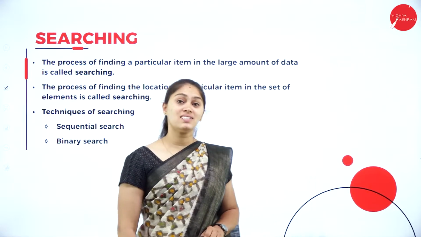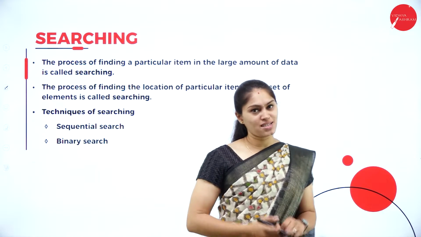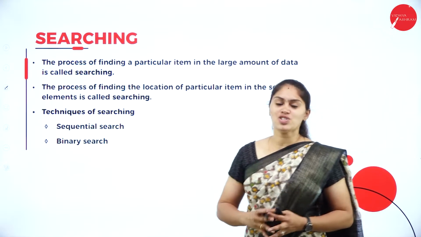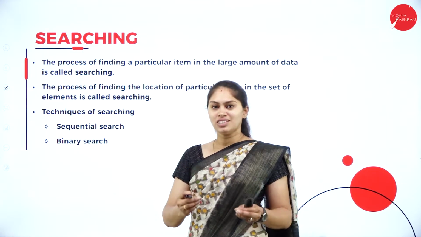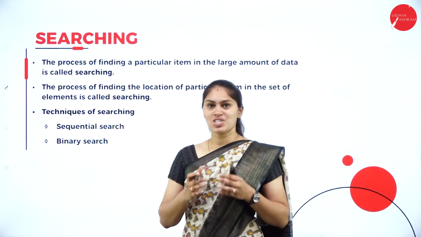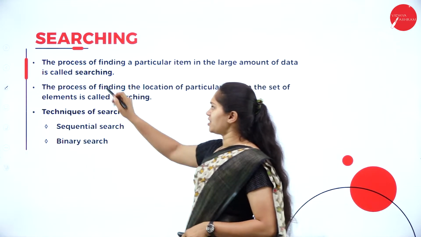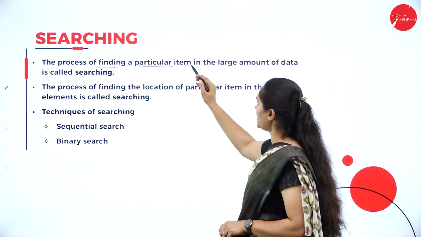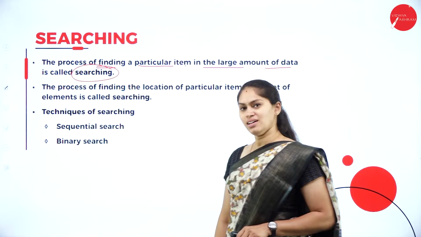First, you need to understand the definition of searching, what we are searching for here. Searching is a process of finding the location of an element. If I have a large number of data elements, amongst that I want to find only one element. I want to know its position or location. That is what we are going to do in searching. The process of finding a particular item in a large amount of data, we call that searching.